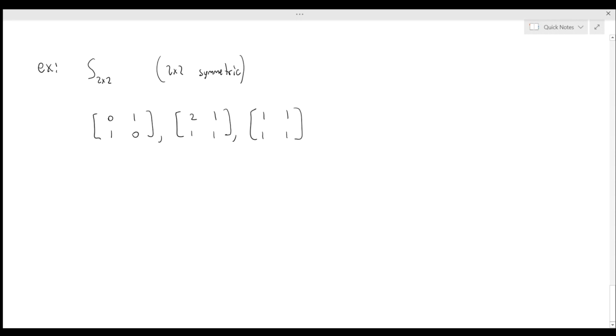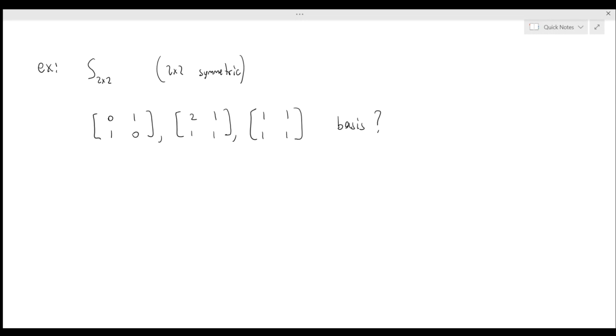And so given these 3 particular matrices, we want to ask, do these 3 matrices form a basis for the space of 2 by 2 symmetric matrices? Okay, so let's quickly go over the strategy for this type of problem, where you're given certain vectors in that space, and you want to know if they form a basis or not.